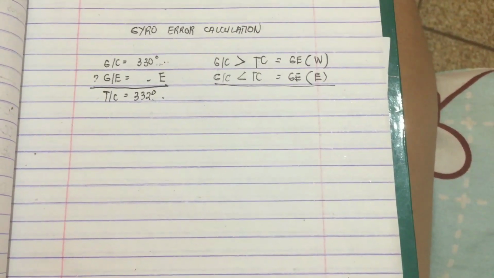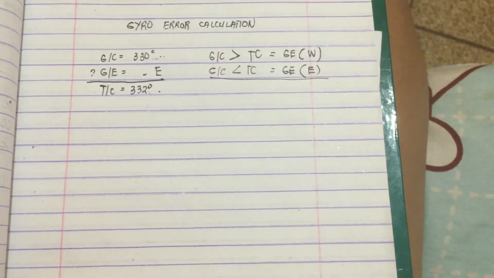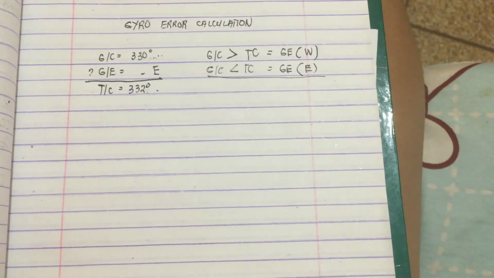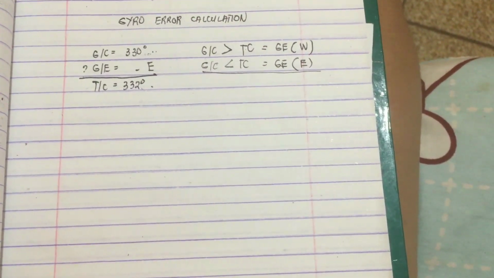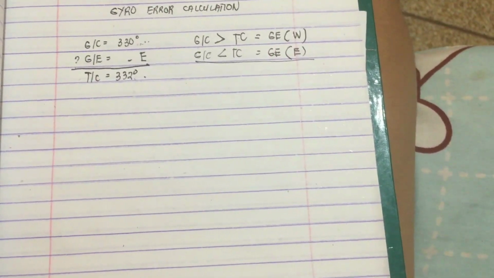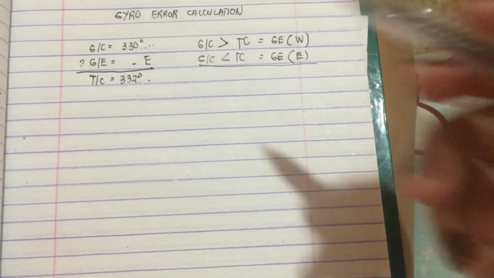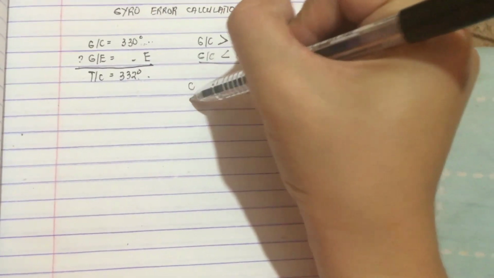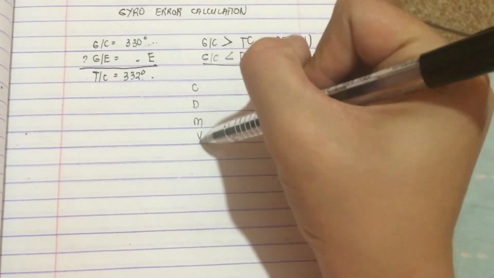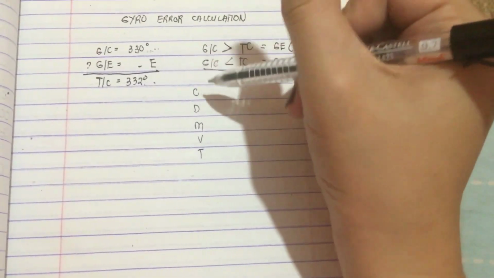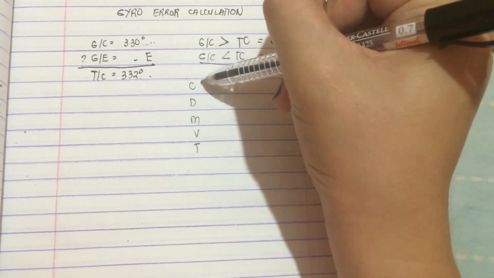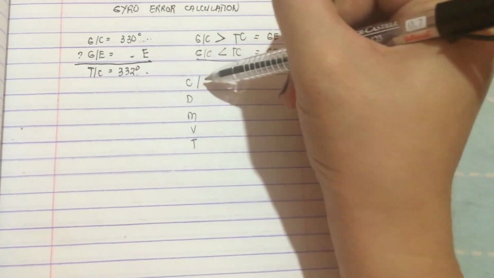Okay, since in calculating the compass error, the compass course, true course, the magnetic course, the deviation, the true course, we will be using CDMVT. So this time we will erase compass course. Instead of compass course, this will be gyro course.